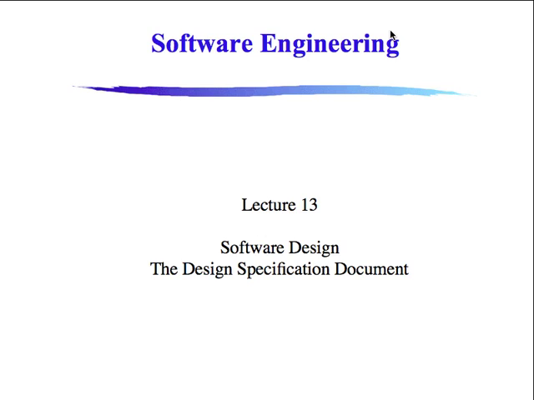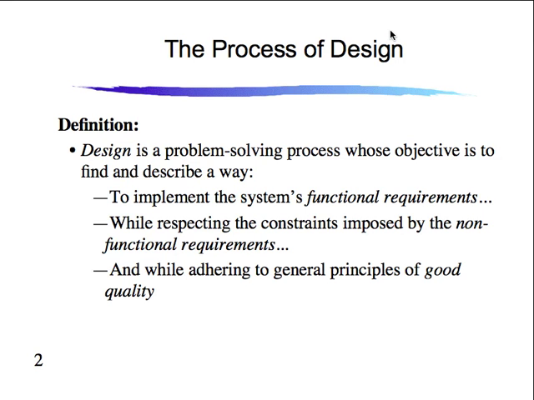So moving right along to lecture number 13, we're looking at the software design and the design specification document. This is the last lecture of the design, actually, because what we've done in terms of the analysis is we've covered the design. But this lecture puts the pieces together in terms of the different components.